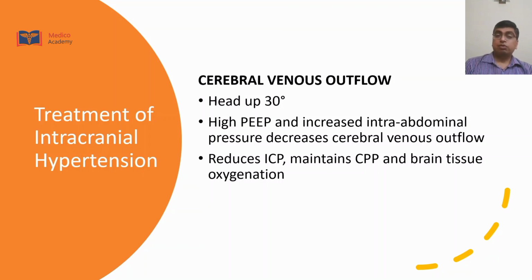So the easiest way is to keep the head up at 30 degrees so that there is cerebral venous outflow. Don't keep the head too high, and increased intracranial pressures should not be more, because they cause decreased cerebral venous outflow. Try to maintain cerebral perfusion pressure and brain tissue oxygenation.